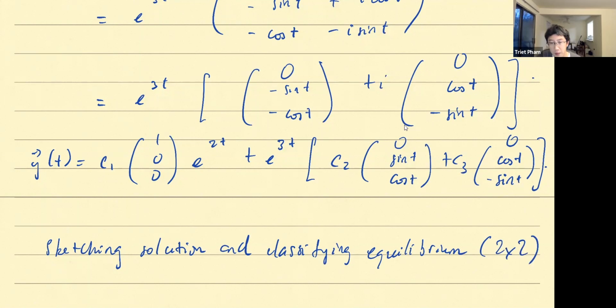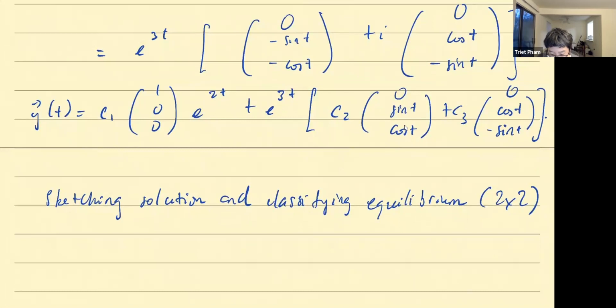We can do 3 by 3, but I guess the concept gets a little more hairy on how to file them. So first of all, let's remark that the system we're looking at, y prime equals Ay, has two complex eigenvalues.